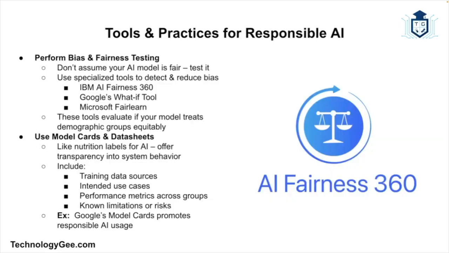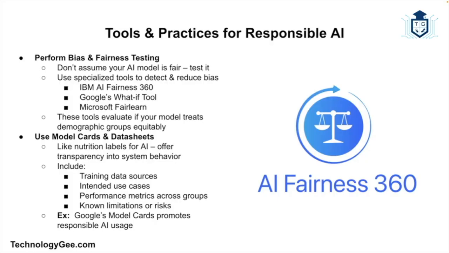All right, next, let's talk about some tools and practices for responsible AI. Now that we understand the why, let's talk about the how. How can developers, organizations, and even end users ensure that fairness, transparency, and explainability are baked into the AI systems they build or use? Well, here are a few key practices and tools. The first is to perform bias and fairness testing.